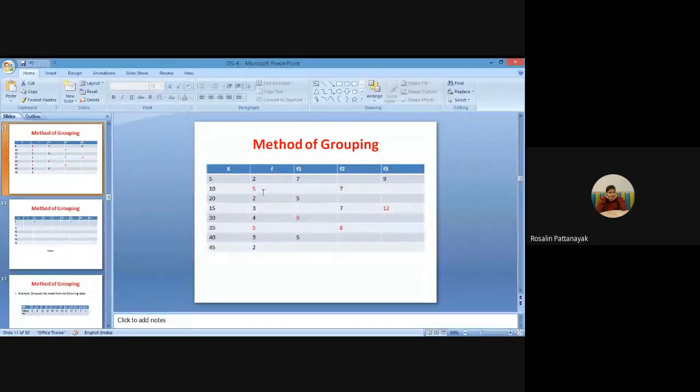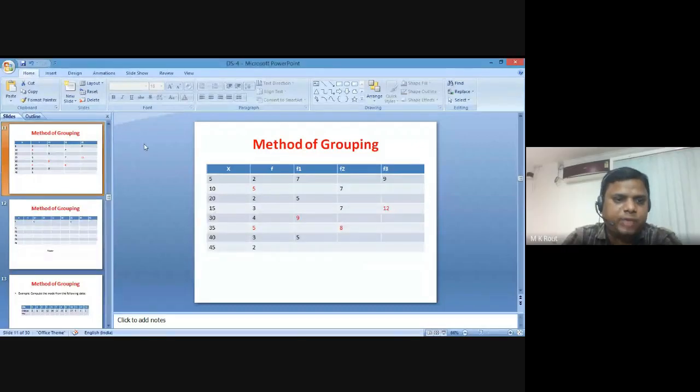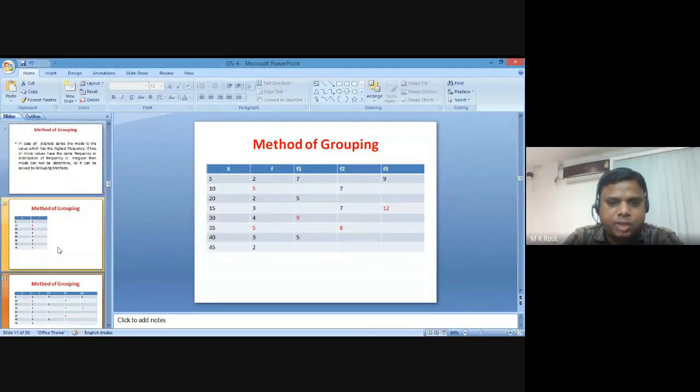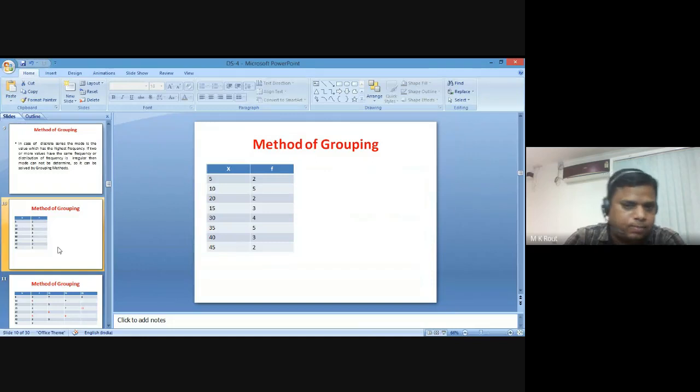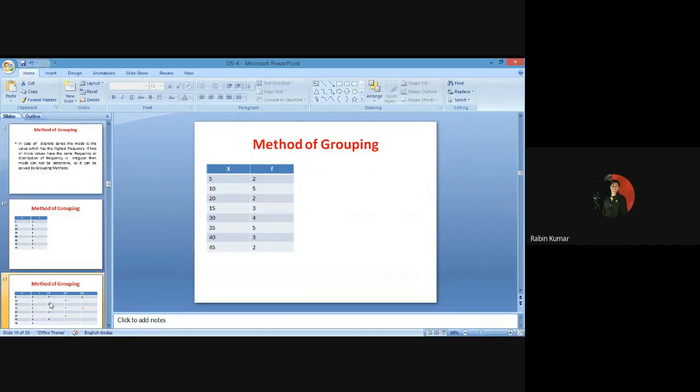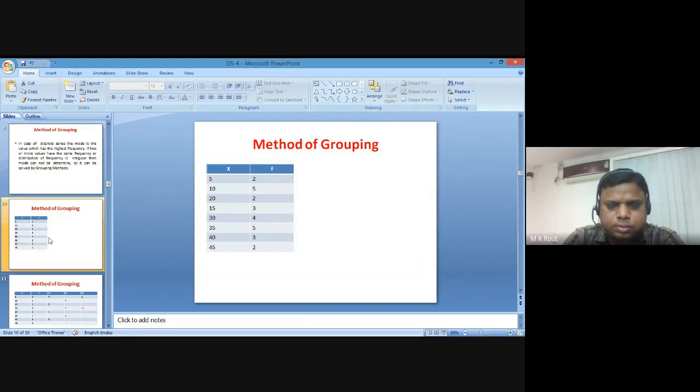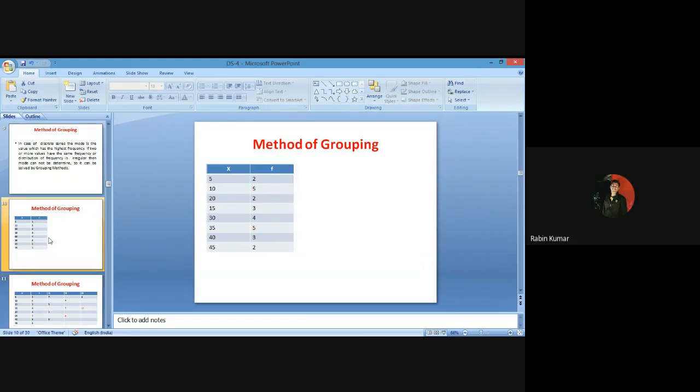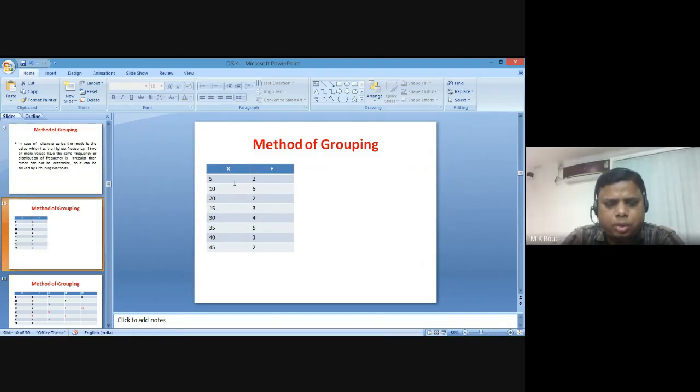No, sir. Try to understand. First, whatever data is given, suppose this data is given. There is no need to arrange it in ascending or descending order.